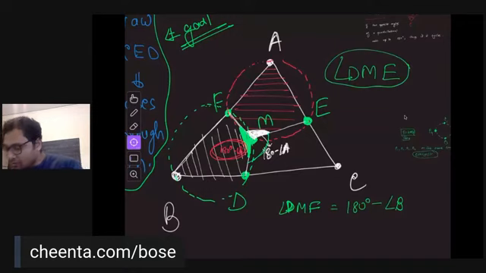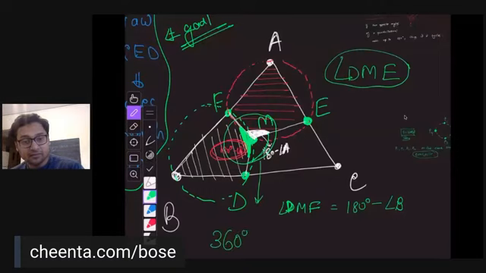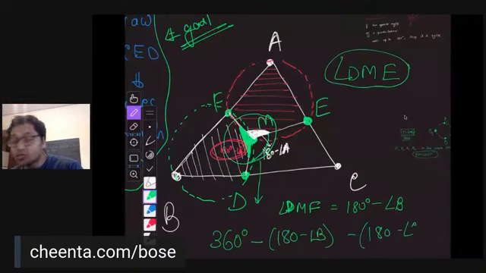Okay, so what we will do is, this total angle right here is 360 degree. We will subtract from it 180 minus B and 180 minus C, those two other angles.